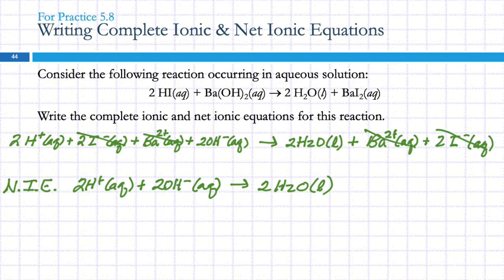Is that equation balanced? Yeah. 2 hydrogens and 2 hydrogens and 4 over there, and 2 oxygens, 2 oxygens. But what's weird about it? Everything has a coefficient of 2.